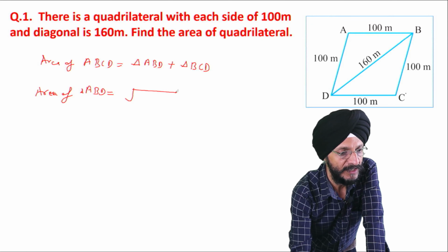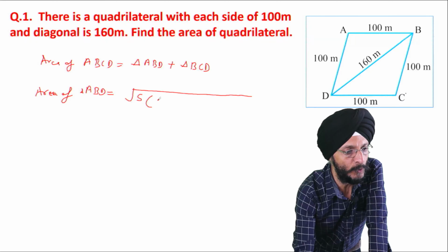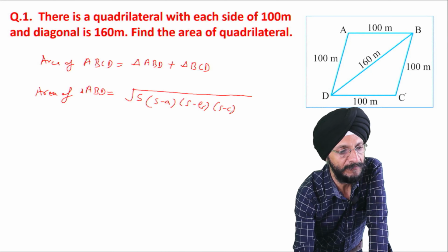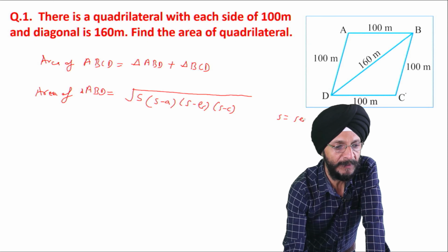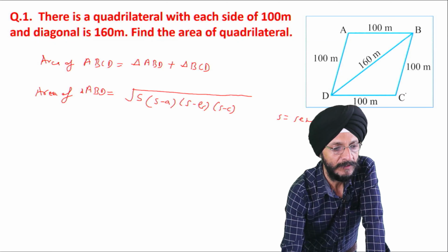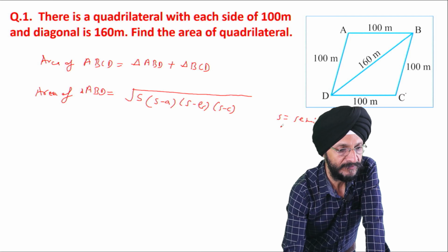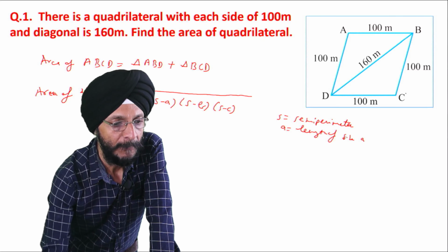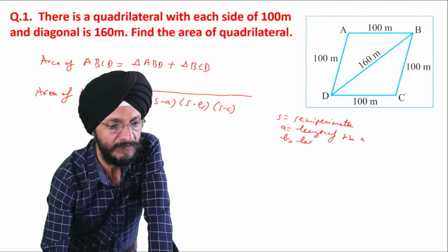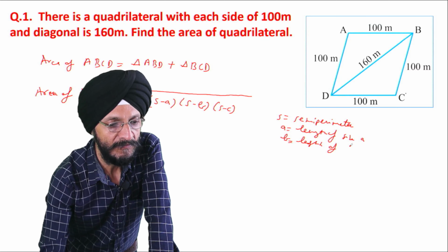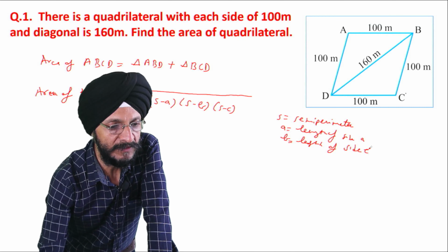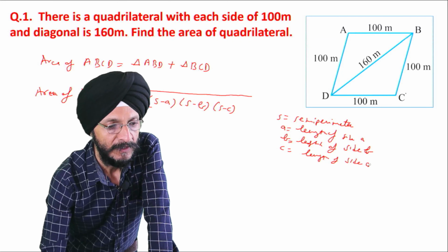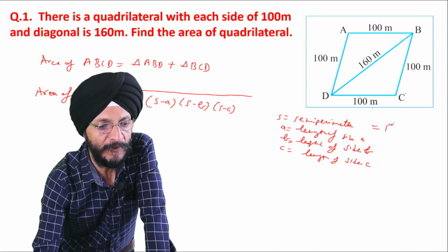What does Heron's formula say? Heron's formula says under root S into S minus A into S minus B into S minus C, where S stands for semi-perimeter, A stands for length of side A, B stands for length of side B, C stands for length of side C. Semi-perimeter is equal to half of perimeter.